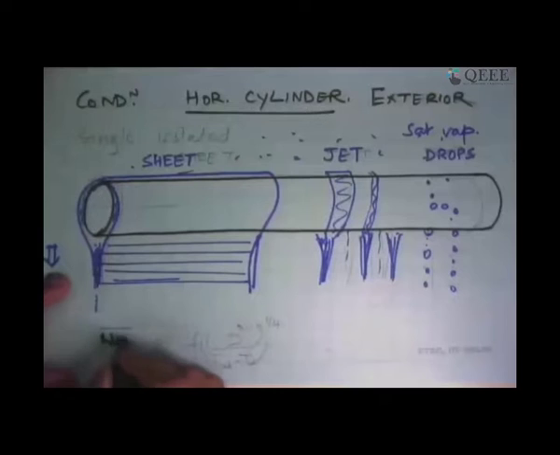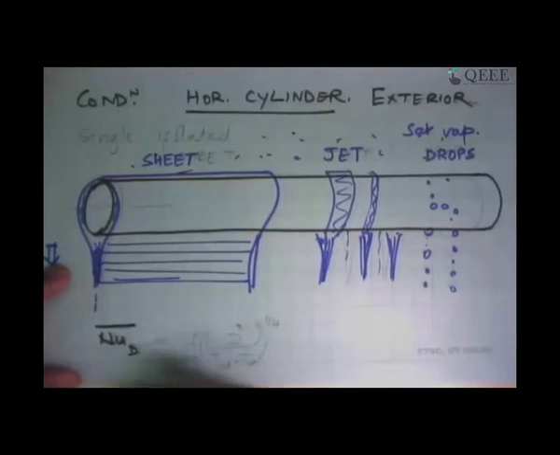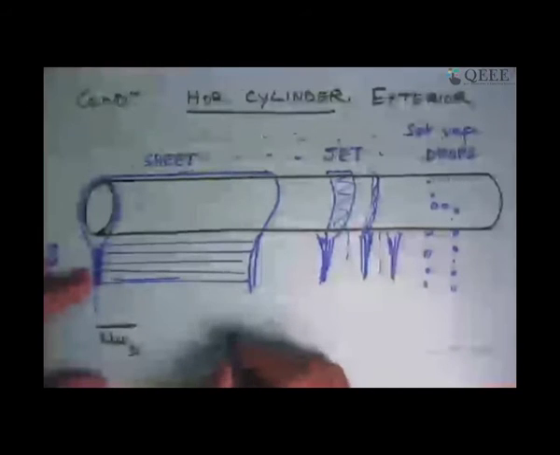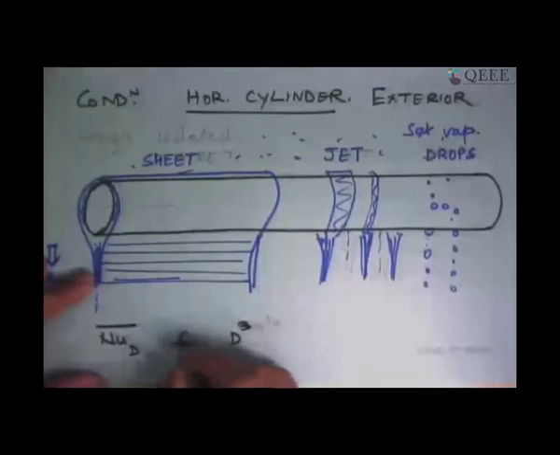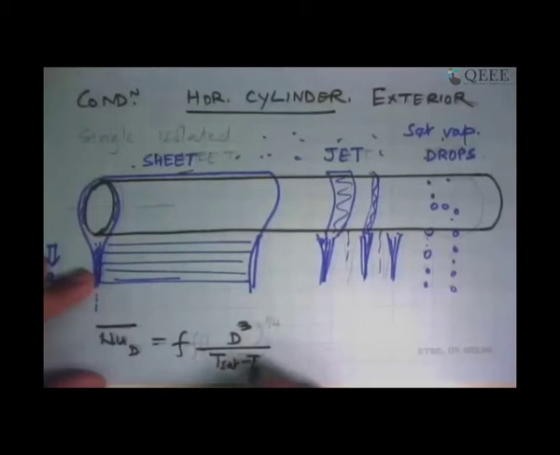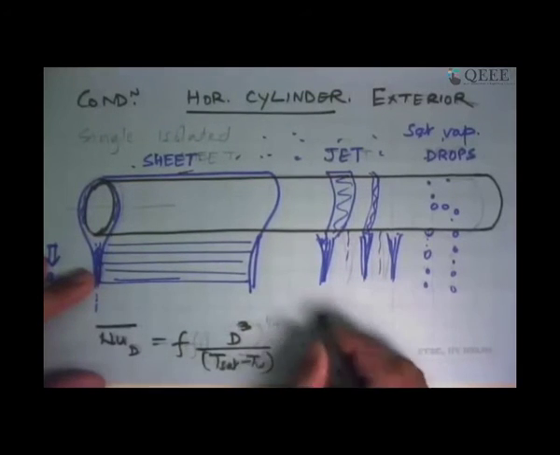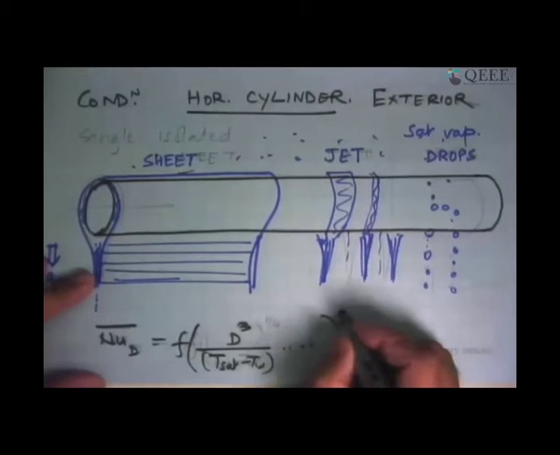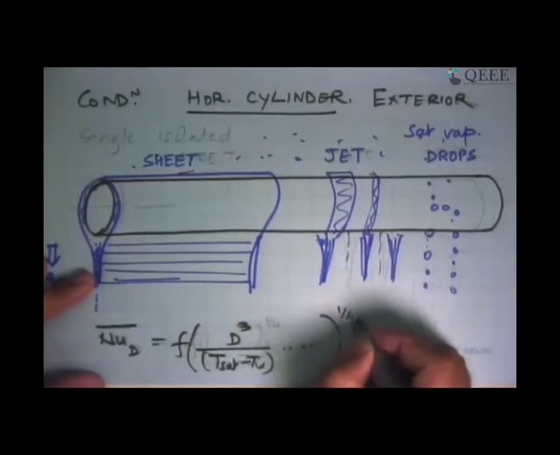And expressions will be of the format: mean Nusselt number based on the diameter is a function of all those complicated things, with d cubed in the numerator and T_sat minus T_w in the denominator, along with a bunch of constants, all of which are typically raised to the 1/4 power.